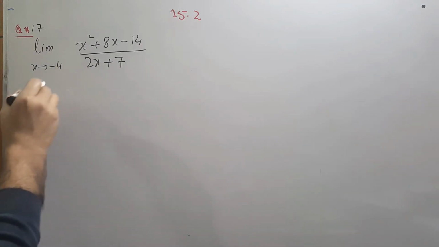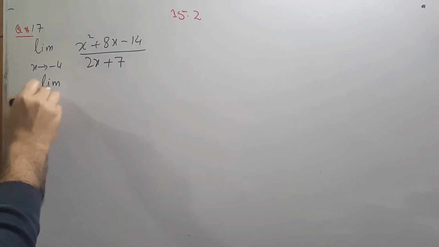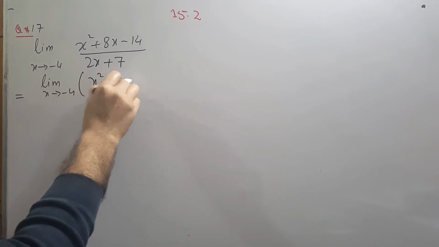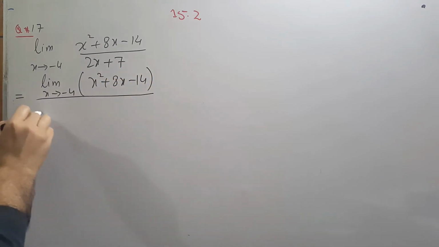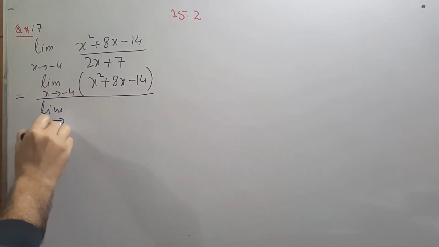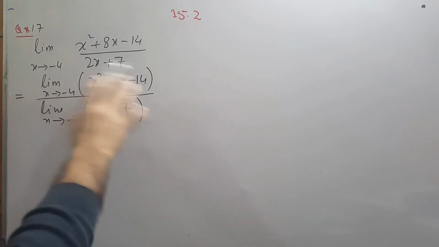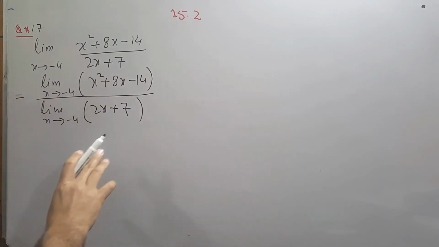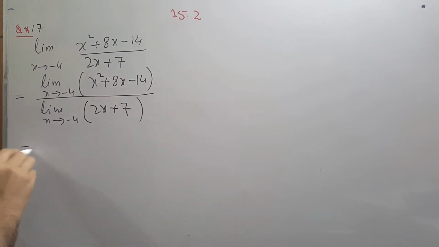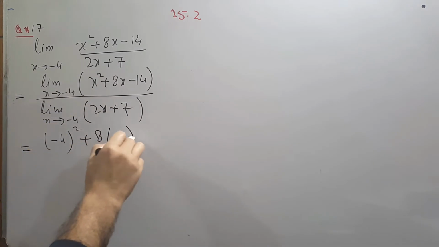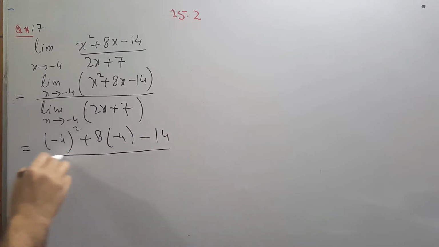In question number 17, again you can apply the limit above on the above function and on the below function separately. 2x plus 7. Now I will not write them separately, I'm just straight away applying the limit. So minus 4 square, 8 times minus 4, and minus 14 will come as it is.